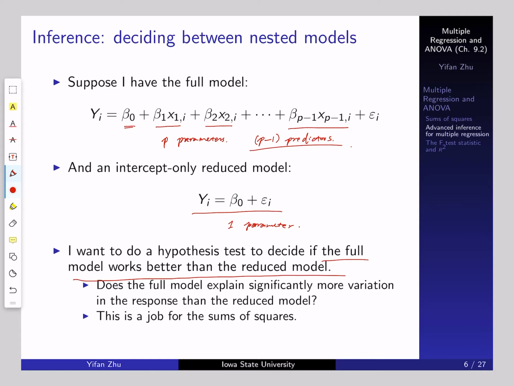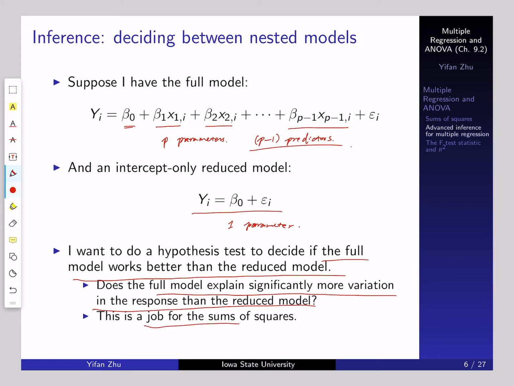We want to answer this question: does the full model explain significantly more variation in the response than the reduced model?